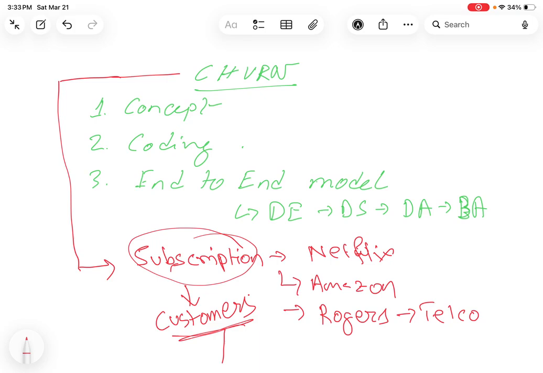In data science, the most interesting part is that you can predict which customer is going to stay with you in the next month or next couple of months, right? There are signals you can find from the data.